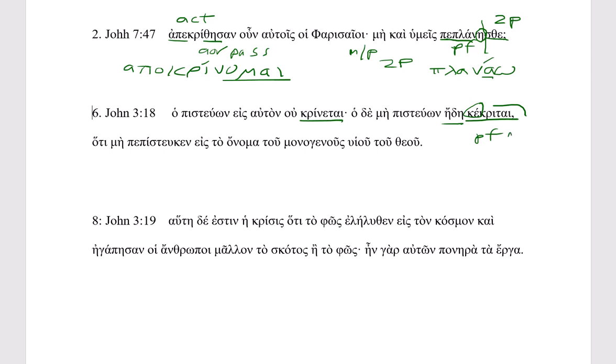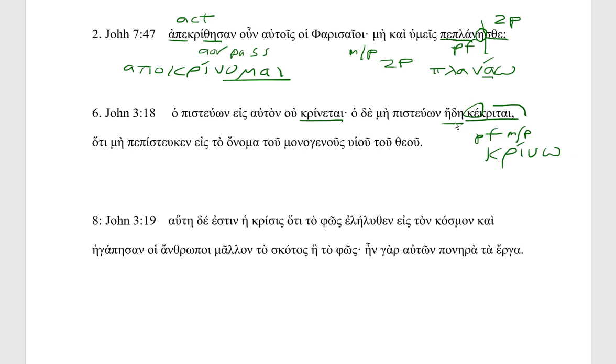So this is going to be a perfect middle passive, and the verb is krinō, which is the same verb that we saw before, only we're looking at a perfect. So we have the one who does not believe has been judged already. So third singular, so it's third singular over here. The one who believes in him is not judged. So that's the third singular. And then over here we have the one who does not believe has been judged already.